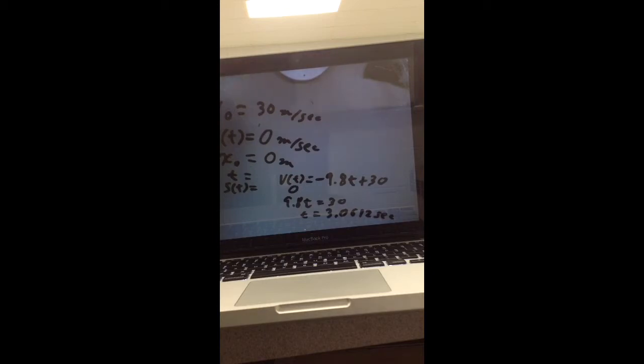So, again, what is it we're looking for here? What is the maximum height? So we want to figure out what is the height at this particular time. So I go now to my S of t equation.